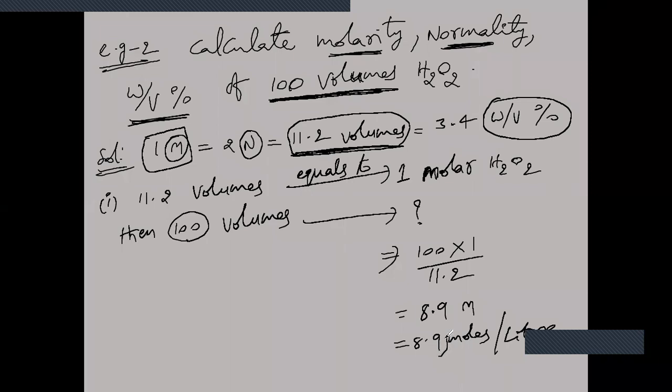In 1 liter of solution, 8.9 moles of H2O2 will be present. Is the concept understood now? How to calculate molarity from the given volume strength?